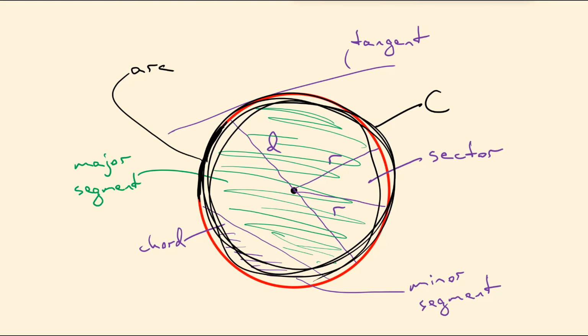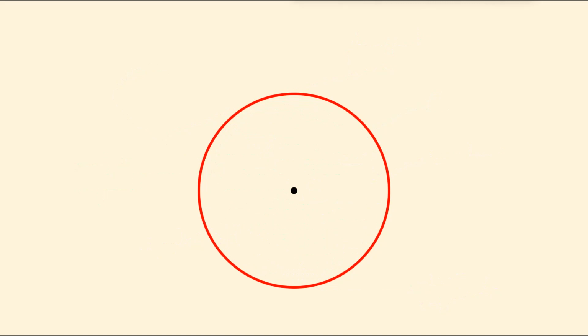Before we go, let's mention one other thing I should have mentioned earlier about the arc. Similar to how I talked about the segment, we had a minor segment, the small part, and the major segment, the large part. In much the same way, this black line here, following part of the circumference, is of course an arc, but let's call it the minor arc, simply because it is less than half of the circumference, which then leaves us with the rest of the circumference.